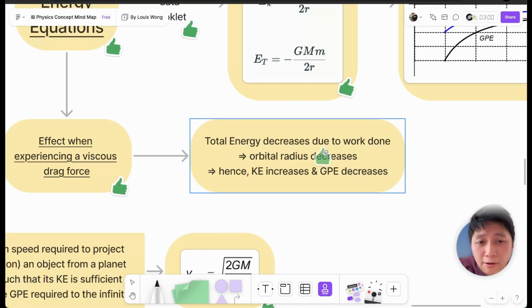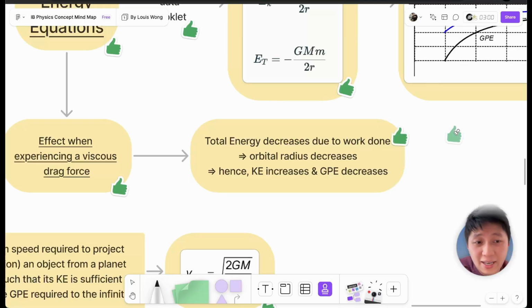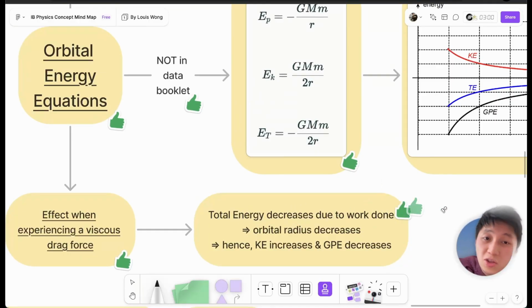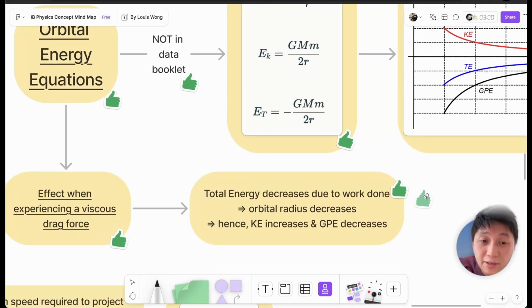So I will put down the general idea here: when you experience the drag force, it's definitely work done, which takes energy away from the system. So the first thing that happens is the total energy will decrease, not KE. People always think that KE gets decreased because it's a drag, it slows down. No. It's counterintuitive.